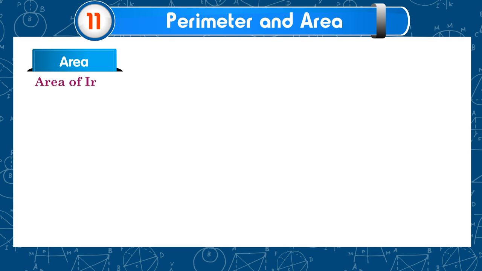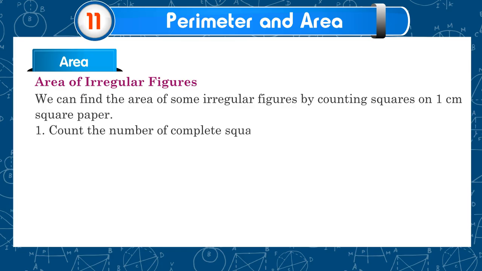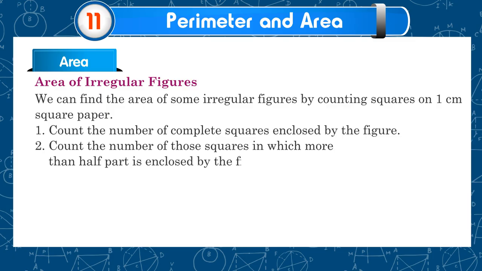Area of irregular figures. We can find the area of some irregular figures by counting squares on 1 centimeter square paper. Count the number of complete squares enclosed by the figure. Count the number of those squares in which more than half part is enclosed by the figure and treat them as one complete square.